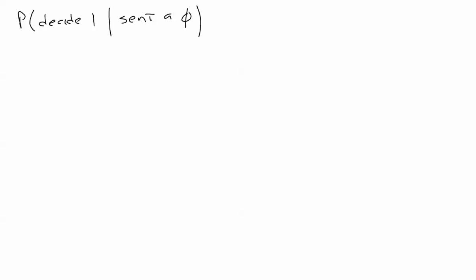In this case, this is going to be the probability that the noise alone is greater than the threshold, meaning that in this case, capital A equals 0 volts. All right? If we send a 0, A is 0. And if we declare that there is a 1 present, that's the probability that my noise alone is greater than my threshold.